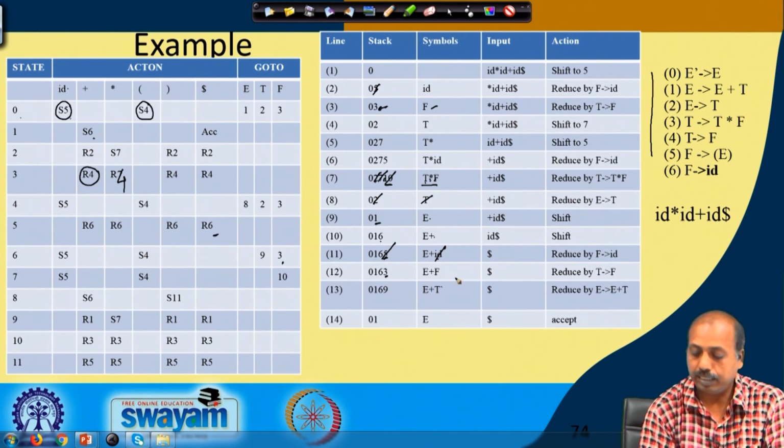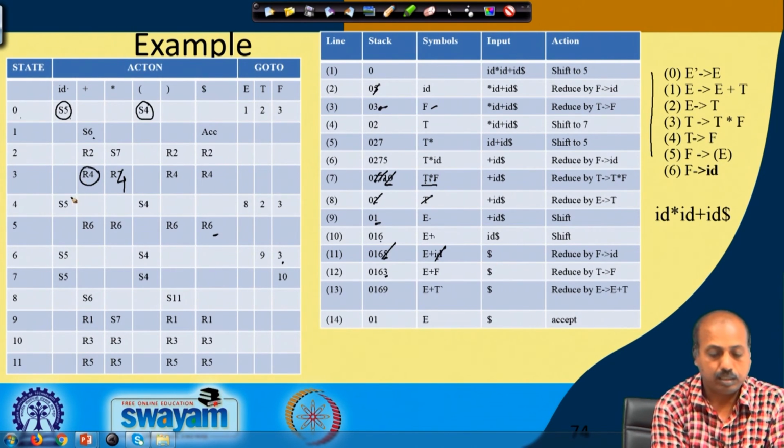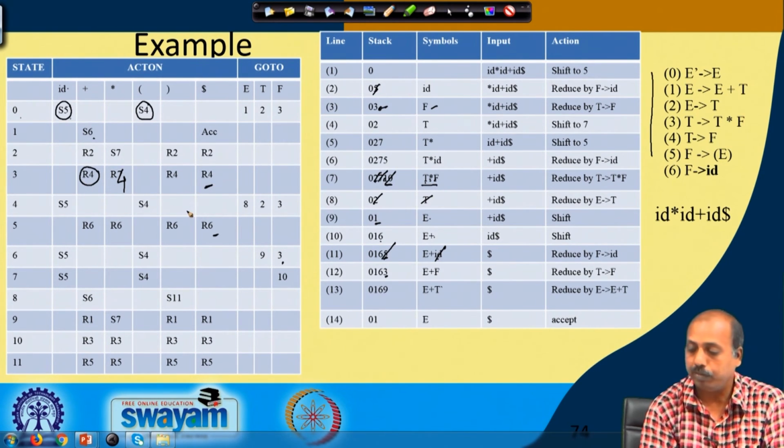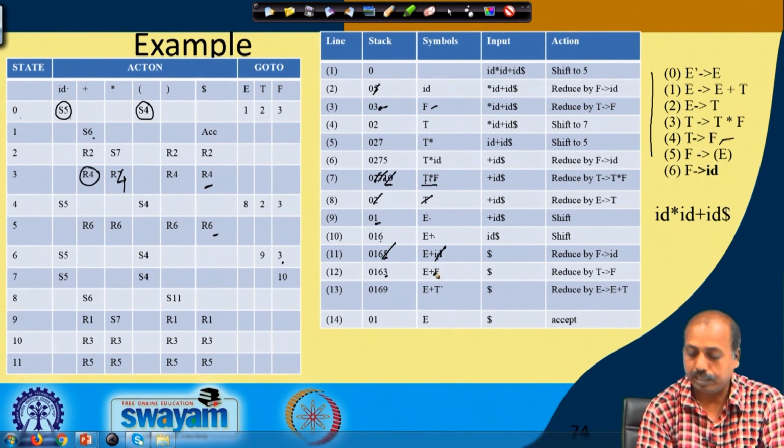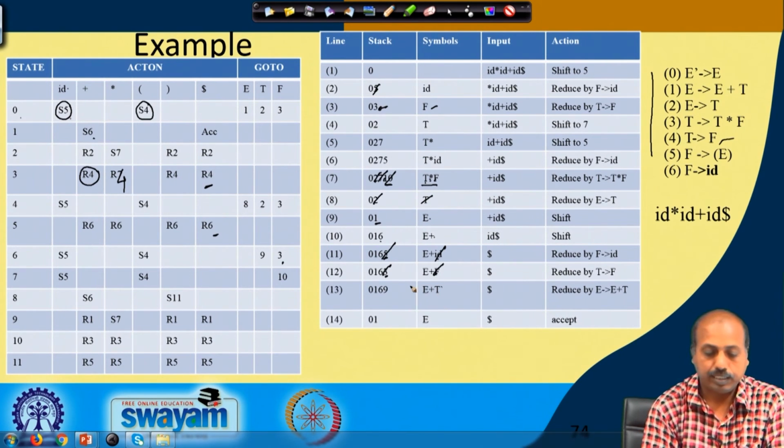Now, 3 and dollar tells reduce by rule number 4, that is T producing F. So, this F is taken out, T is put into the stack, and now this 3 is also gone. So, 6 and T. So, 6 T is 9.